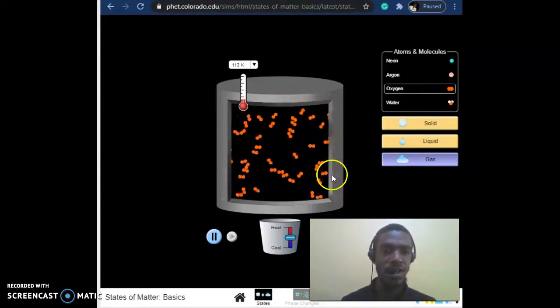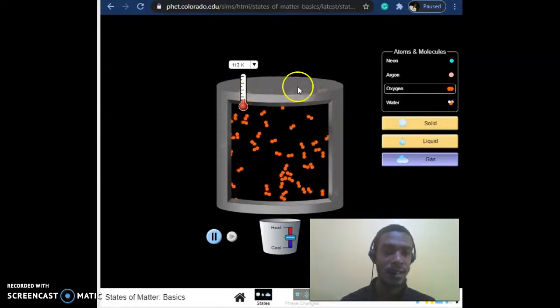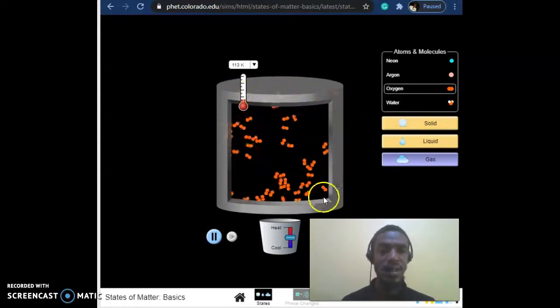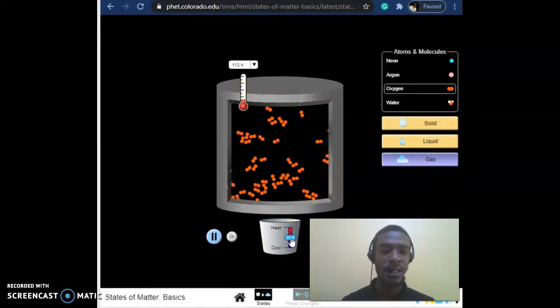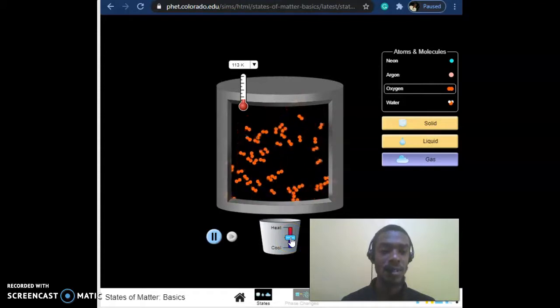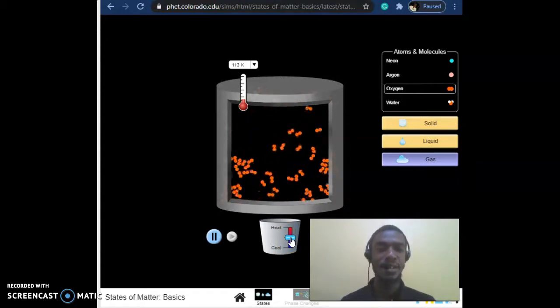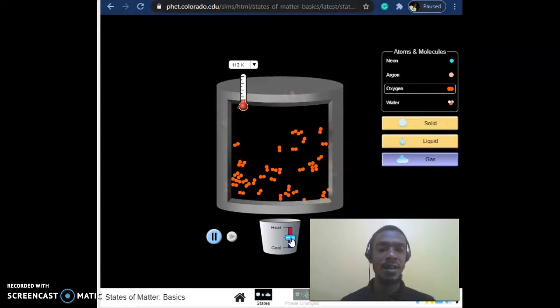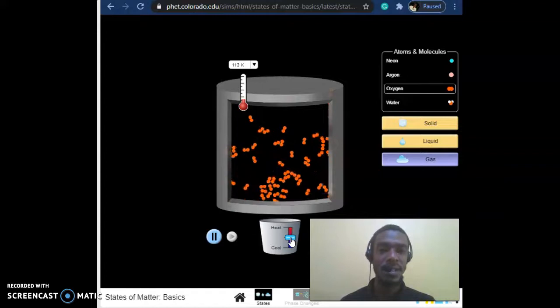This is a chamber in which we would have whatever gas or liquid or solid that we're testing, and this is our heat source. We can apply heat to it. I'll be posting the link to this simulation so that you can test it for yourselves and get a better understanding and appreciation of what is happening in this experiment.